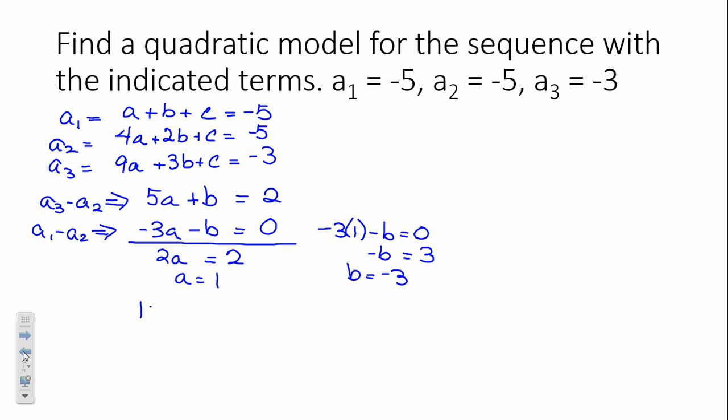So 1 minus 3 plus c is -5. We have -2 here. When we add 2 to both sides, we will have c equals -3. Sequence equation: n squared minus 3n minus 3.